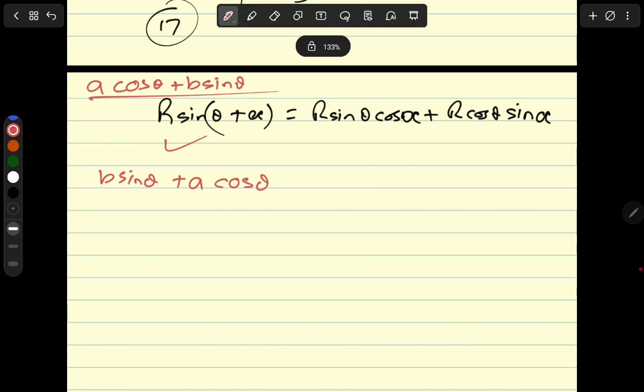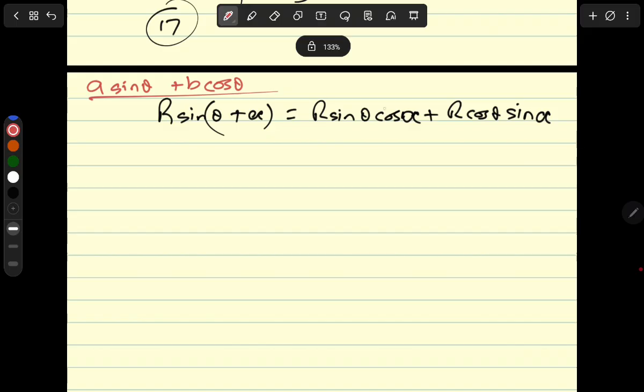The coefficients are different here, so b and a have changed places. So this is equivalent to r cos alpha, right? A is equal to r cos alpha. Oh, sorry. So this is a sine theta plus b cos theta. Okay, never mind. So now when I expand it, what do I get?